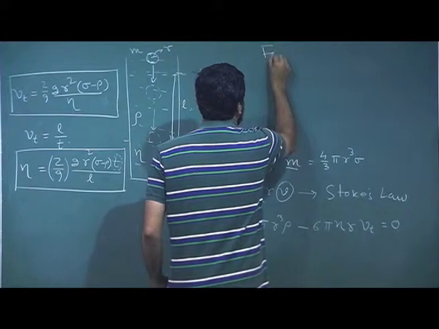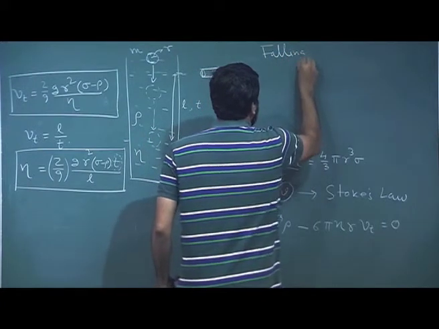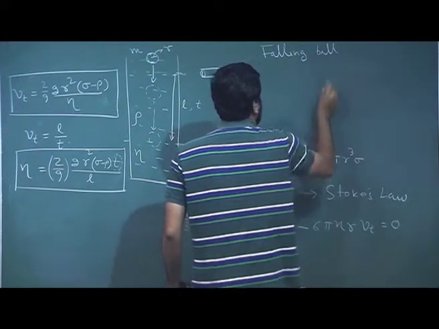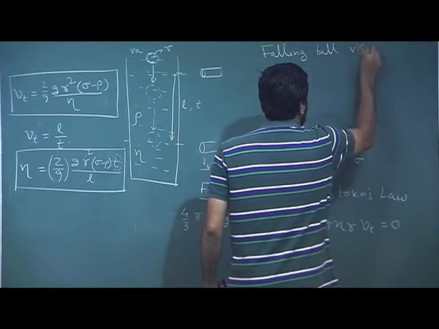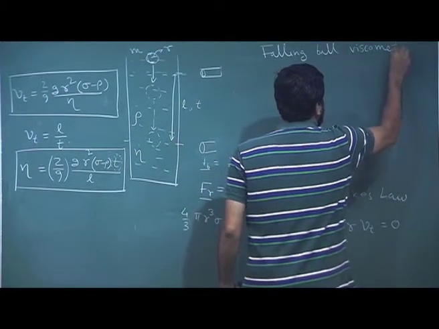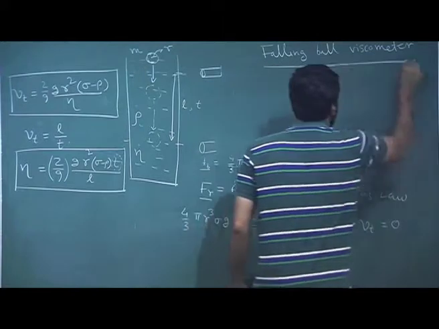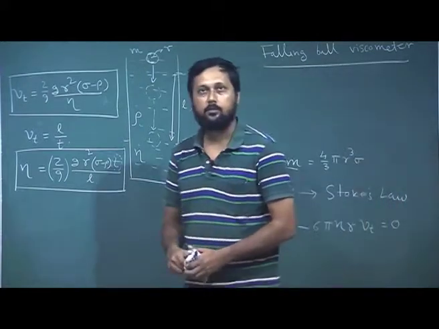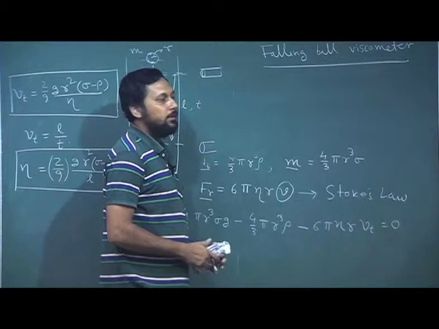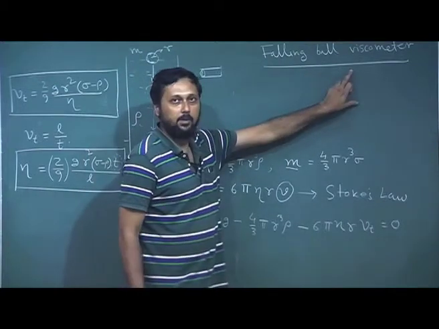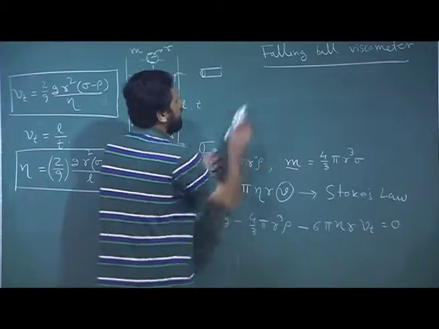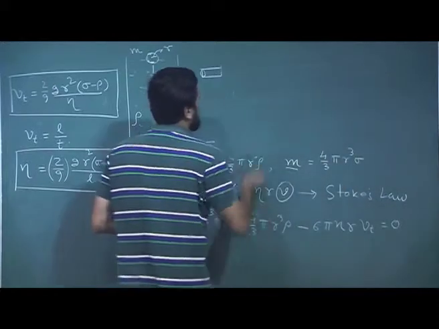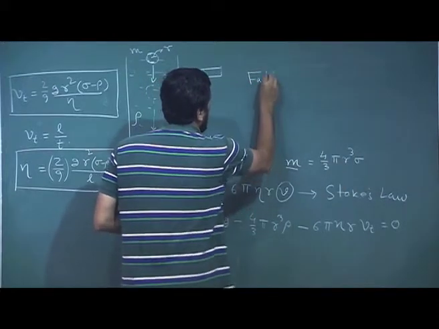It is called the falling ball viscometer. Okay. So, it is called a falling ball viscometer, I will write it again, probably you won't see it properly, I will just write it here.